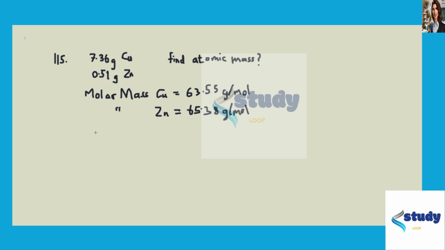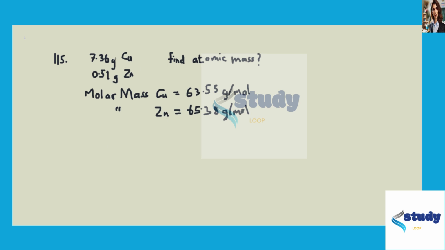So the first thing you want to do, since you're trying to find the atomic mass, is look up the molar masses, or atomic masses, of these two respective elements, copper and zinc. From the periodic table, the atomic masses are 63.55 grams per mole for copper and 65.38 grams per mole for zinc.